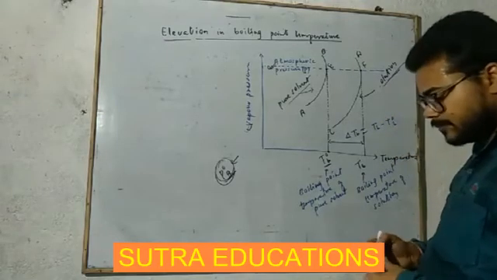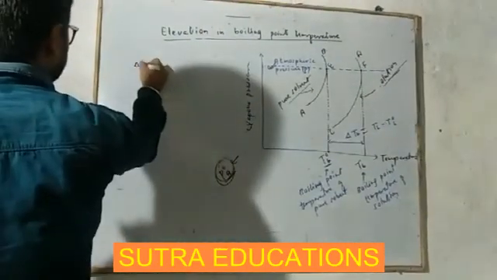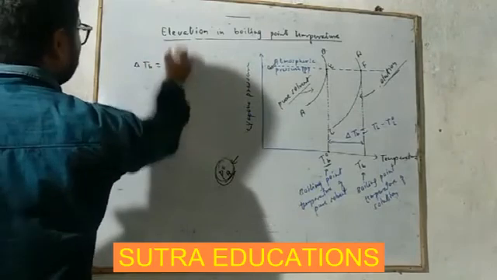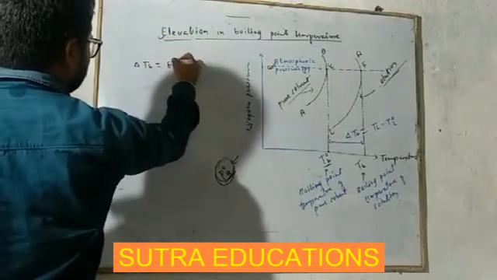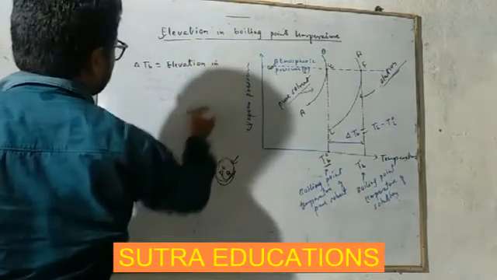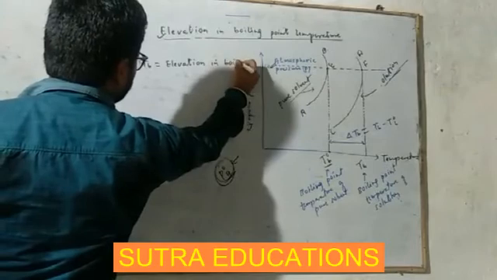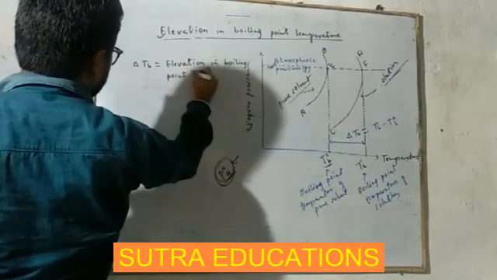Getting this now? So this delta TB is the elevation in boiling point temperature.